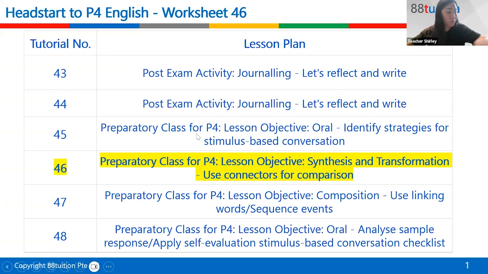One more thing I want to cover with you, although I'm not taking this class per se, it's always good to look at the big picture. Currently we are at tutorial number 46. We are talking about using connectors, in this case the word since for synthesis and transformation.